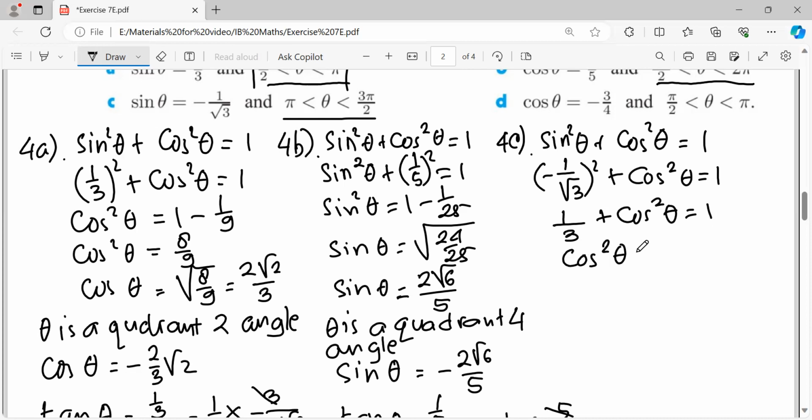Cosine squared theta equals 1 minus 1/3. So cosine theta equals square root of 2/3, or square root 2 over square root 3.